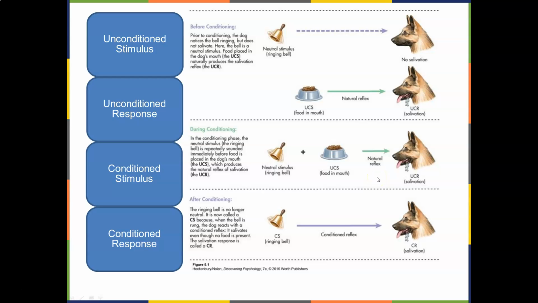Eventually, after enough repetition, the dog would start to salivate to the sound of the bell without the dog food being present. So the sound of the ringing bell became a conditioned stimulus, and the conditioned response is that the dog was trained to respond to the sound of the ringing bell. That's why it's called a conditioned response.